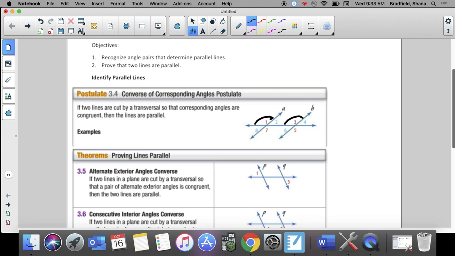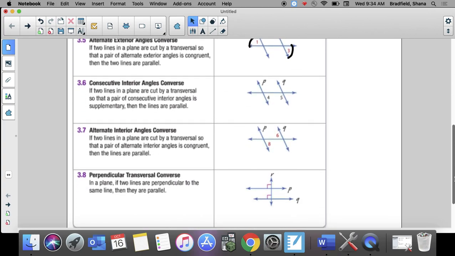Then we jump down to our theorems. We have the alternate exterior angles converse theorem that says if alternate exterior angles are congruent, so in this case angle 1 and 3 are alternate exterior angles, if they are congruent, then lines P and Q are parallel. For 3-6, consecutive interior angles converse theorem, we have P and Q cut by a transversal.